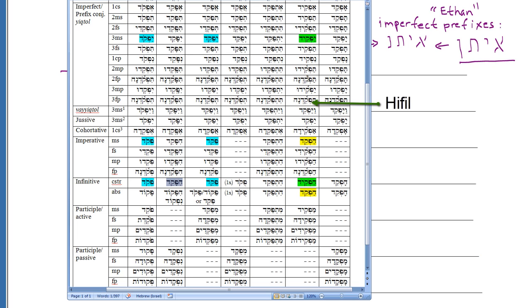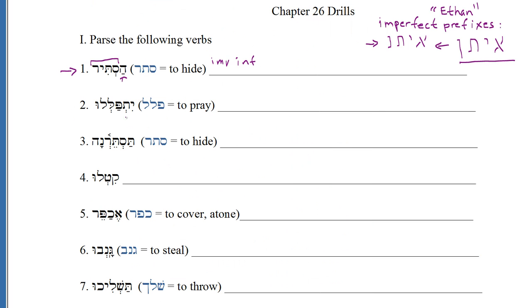Notice that for the Hifil, our imperative is hafked, and that's the same as the infinitive absolute and not the infinitive construct. The infinitive construct ends up looking a lot like the imperfect third masculine singular, yafkid and hafkid, whereas the imperative doesn't match. So this is one case where we can't just go by the imperative equals the infinitive construct.